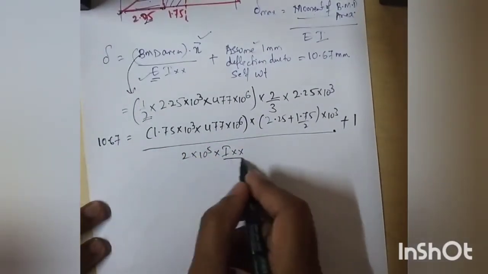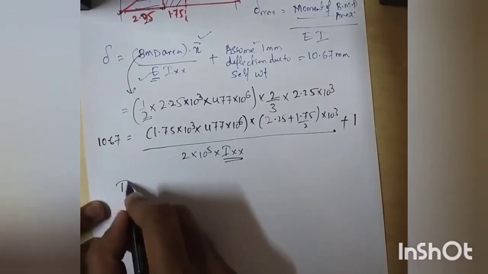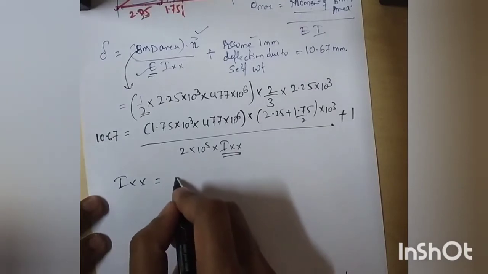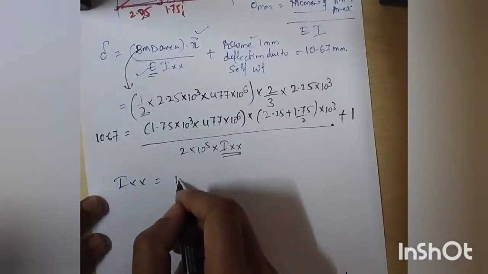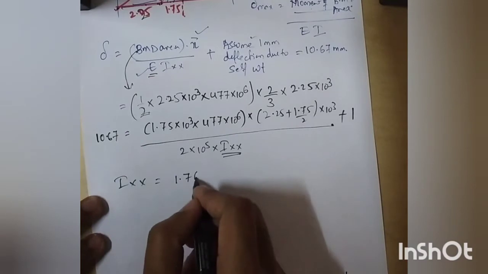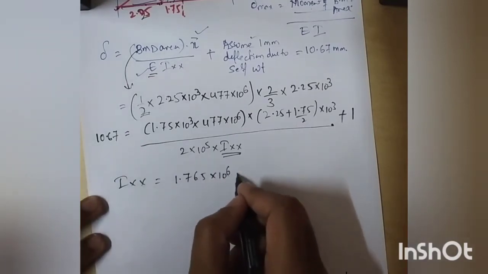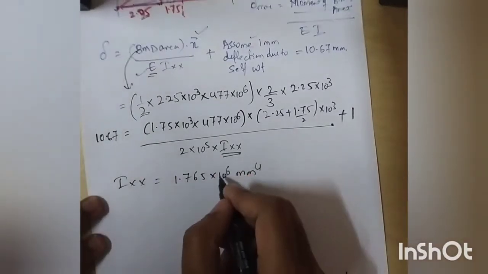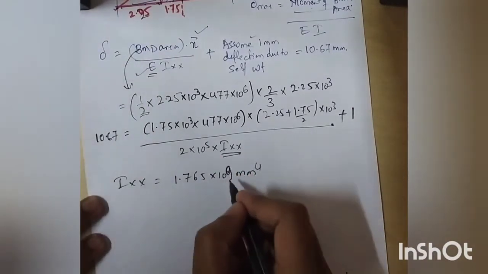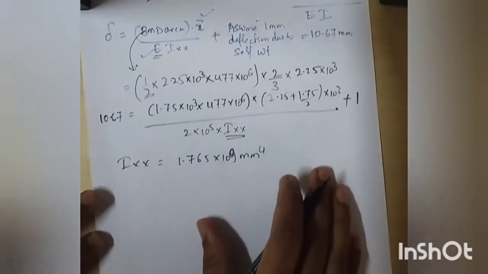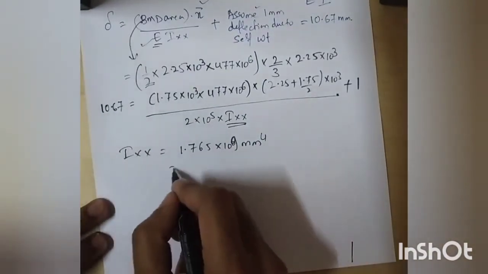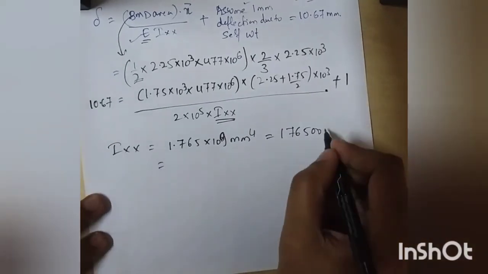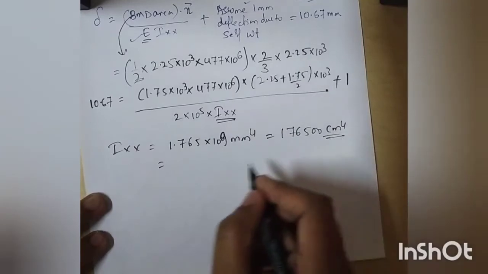So when you solve for Ixx, we will be getting it as 1.765 into 10 to the power 9 mm raised to 4, or you can also call it 1.76500 centimeter raised to 4.